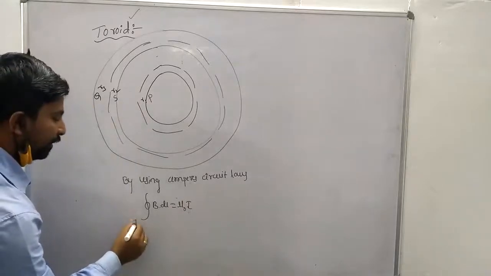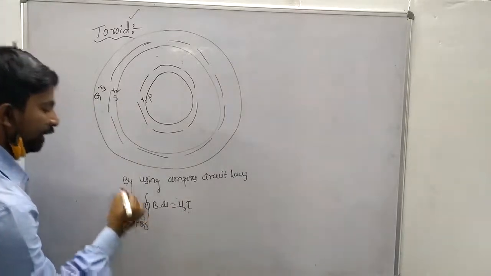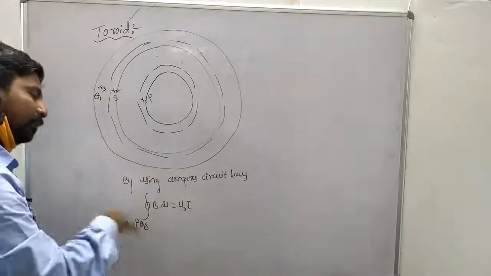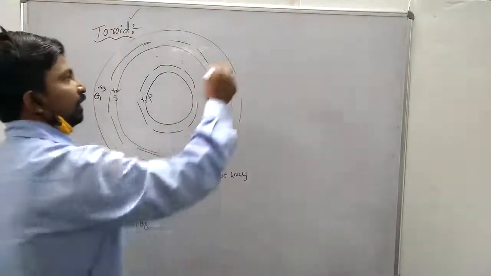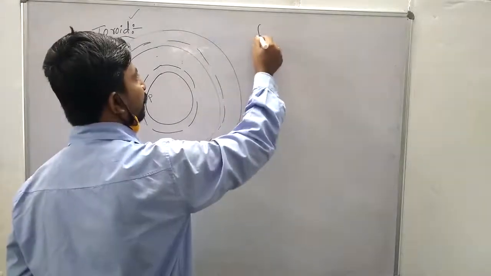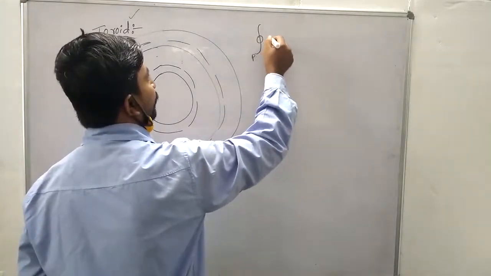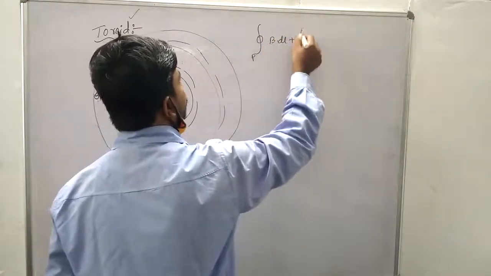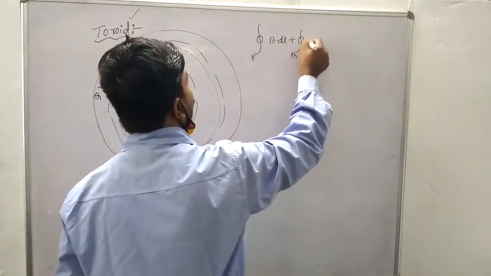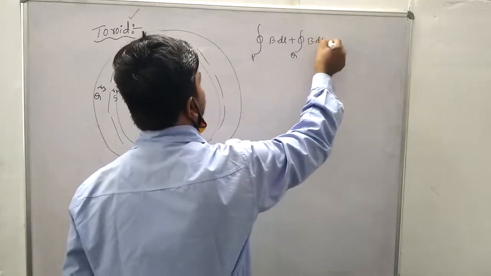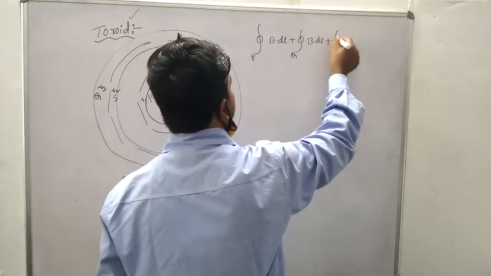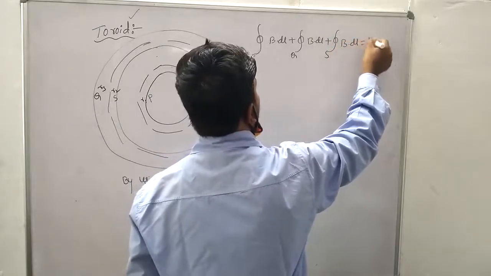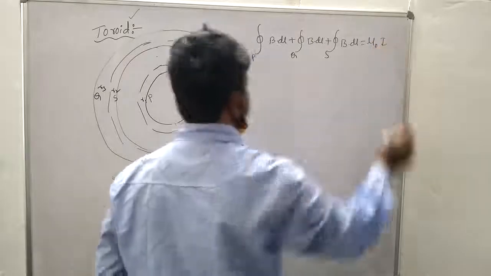So you can write P, Q and S. Now I write each loop separately: the line integral from P, B dl, plus the line integral from Q, B dl, plus the line integral from S, B dl, is equal to mu naught I.